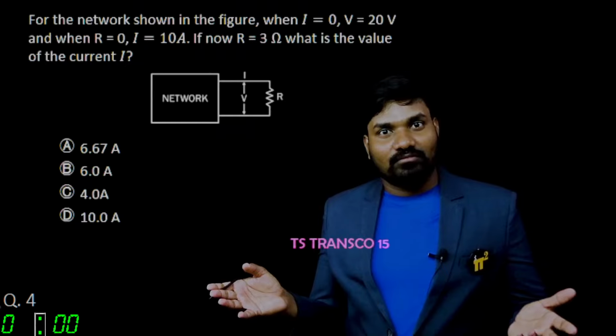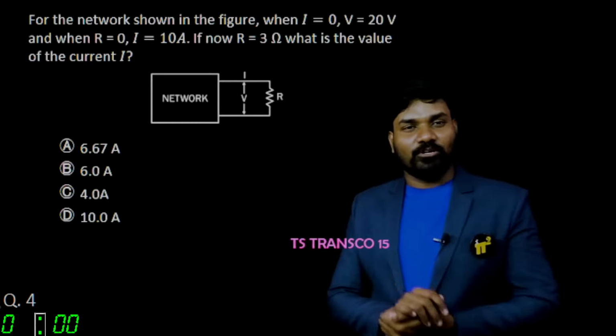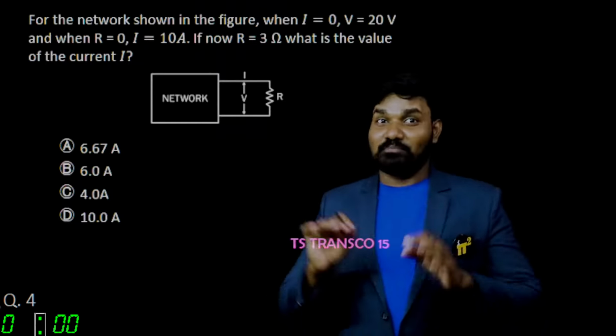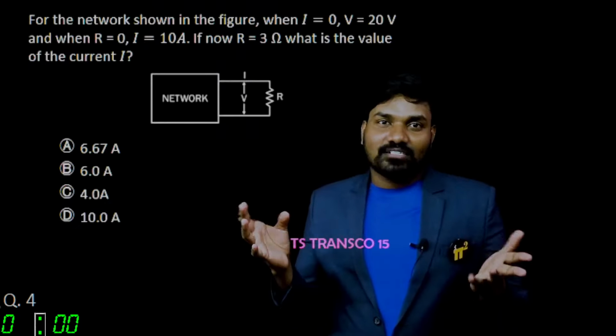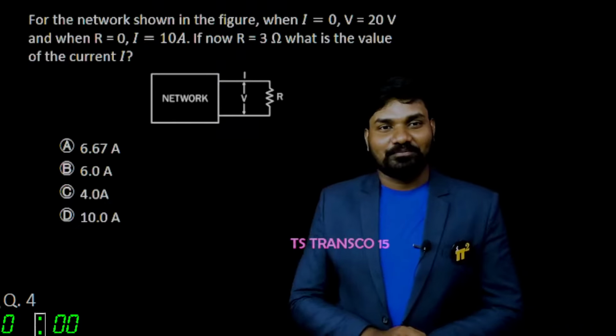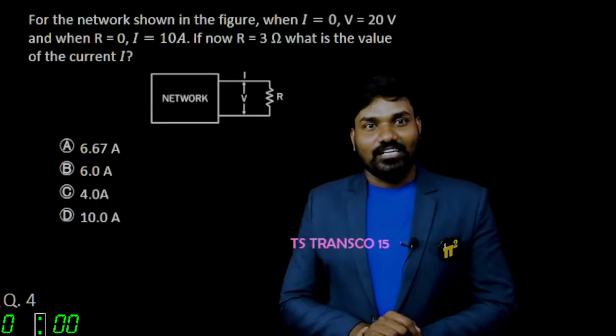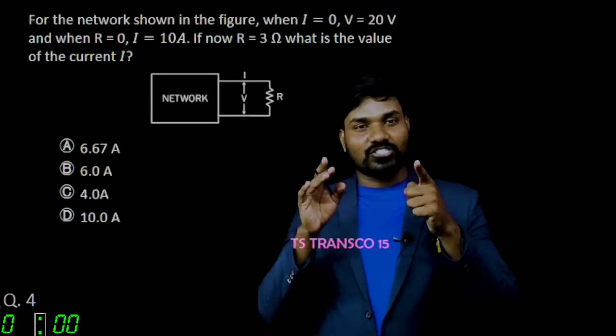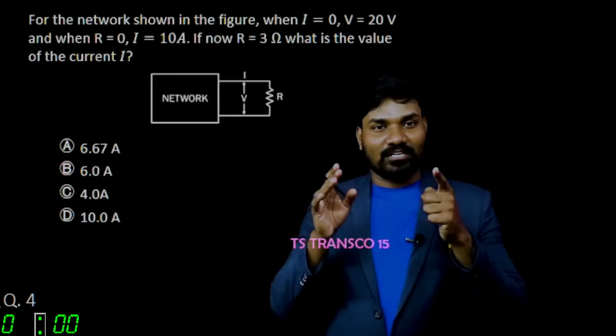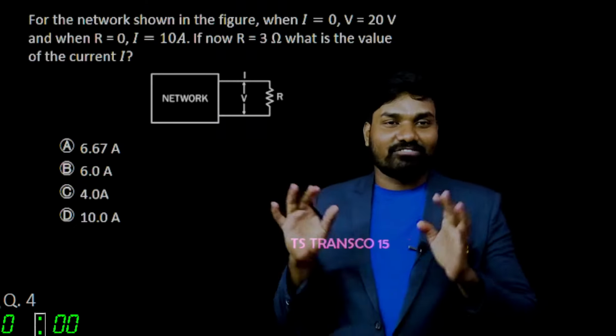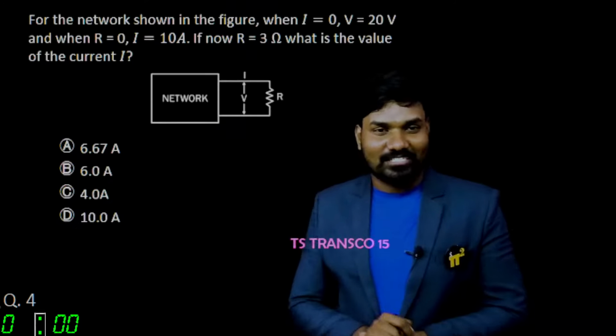Yeah, come on, quickly type it. I'm looking at it. Let's see who is going to answer first. I is equal to 0 means open circuit or short circuit? I'm asking you. We got an answer, but the answer is not displayed here. Okay, Sai has finally answered, and Vinay also answered it.